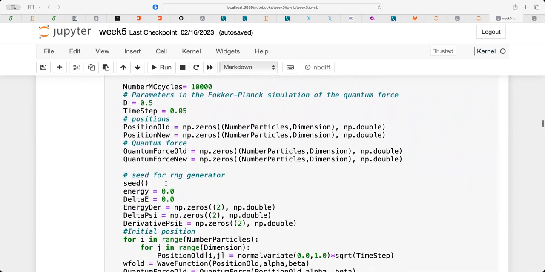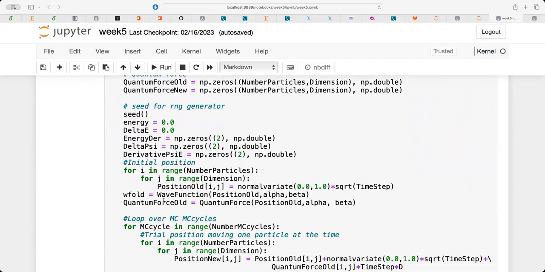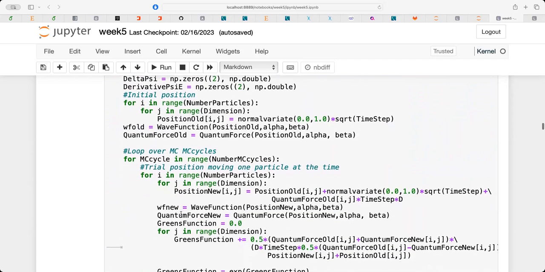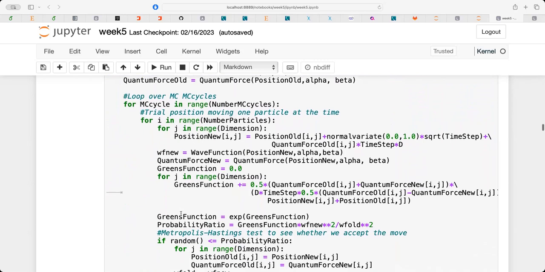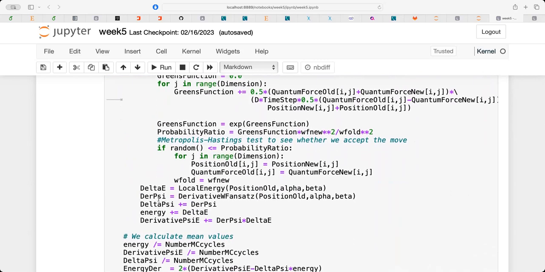And I'm setting up the old position, everything as before. I have a loop of Monte Carlo cycles. This is exactly what we've been discussing before. The Green's function, the Metropolis sampling, etc. But now I'm adding these additional derivatives. One is obviously the local energy. Then I have the derivative of psi. And then I have my delta psi, which now simply connects that one.